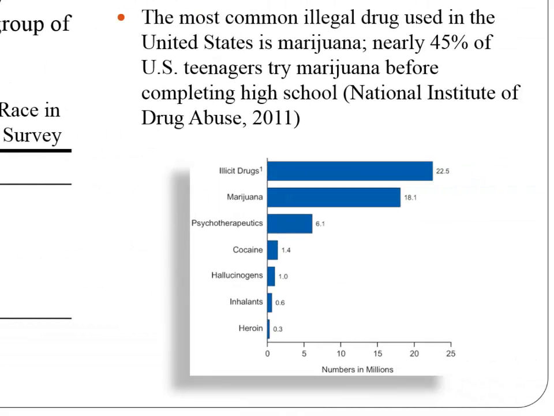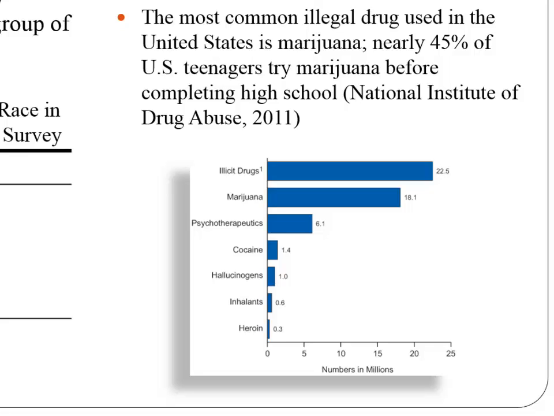Shifting over to the right, we can see an example taken from the National Institute of Drug Abuse, and it measures whether a person has tried any of these drugs in the past 30 days. Ignoring that top bar which says illicit drugs, which is simply the percentage of people who tried any of those drugs, you can see that the biggest column is the one labeled marijuana with 18.1%. Therefore, marijuana is the modal category or the average drug used by people in the United States in the past 30 days.